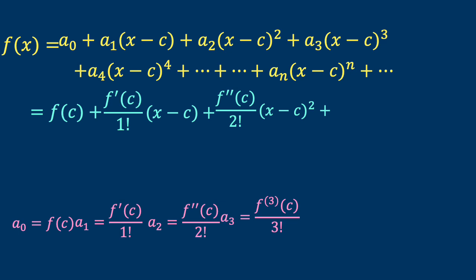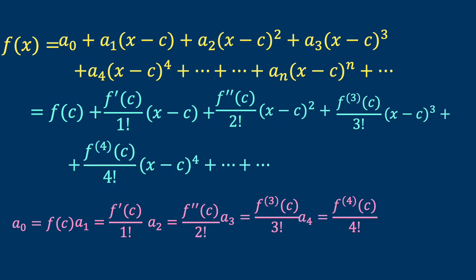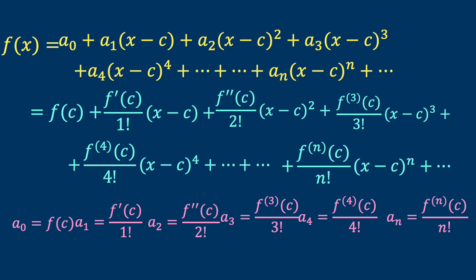a3 is the third derivative of f at c over 3 factorial. So the degree 3 term is the third derivative at c over 3 factorial times (x minus c) cubed. a4 is the fourth derivative at c over 4 factorial times (x minus c) to the fourth power. an is the nth derivative at c over n factorial, so that term is the nth derivative at c over n factorial times (x minus c) to the n, plus so on.